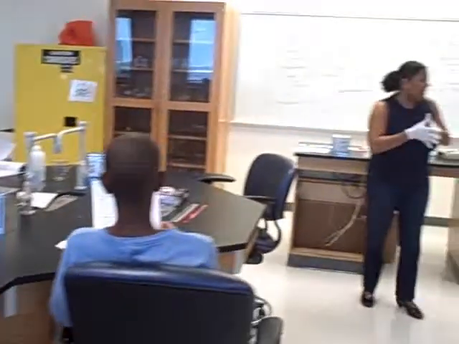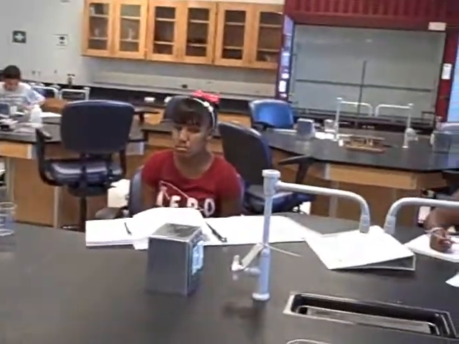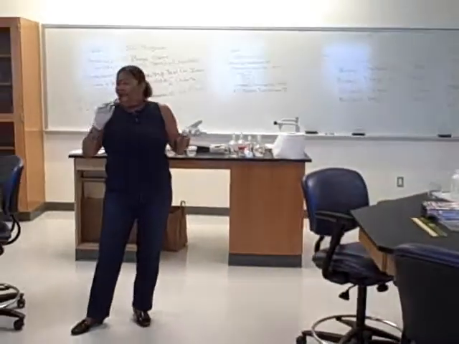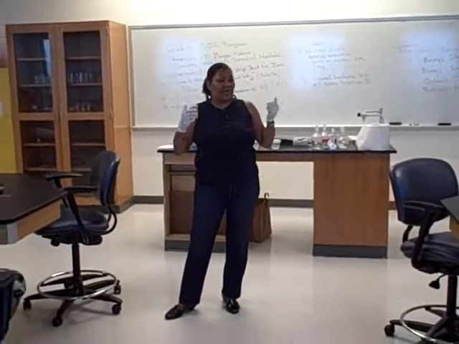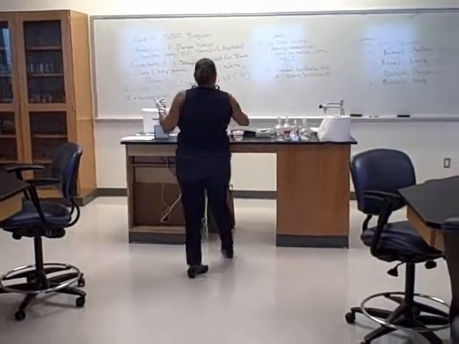Now, originally, we were going to do instrumental methods. We already know we're doing something different today. Today, we call this benchtop wet chemistry, where all of the analyses are done by you, hands on, with your naked eye.